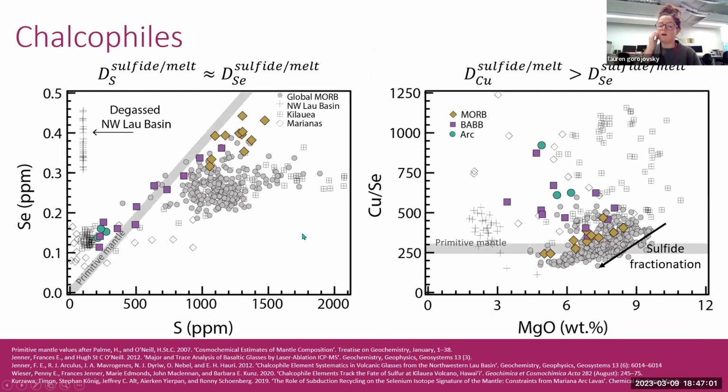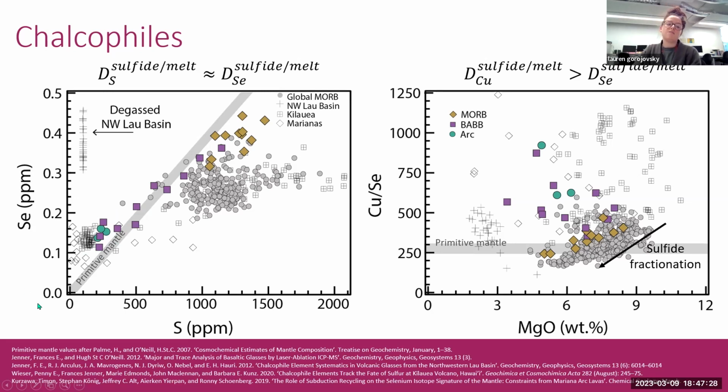Now looking at the chalcophile element systematics. The mid-ocean ridge magmas have sulfur contents that are quite comparable with a typical mid-ocean ridge basalt. So these are the grey points. And then as we go through to the arc samples from the BAB, the sulfur contents decrease, and so the arc samples have the lowest sulfur.